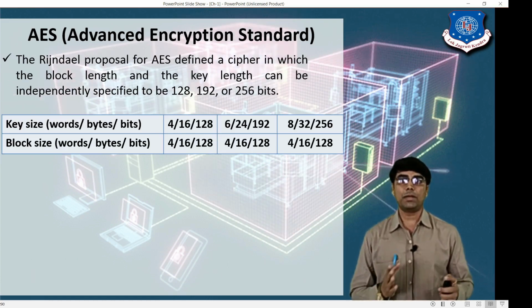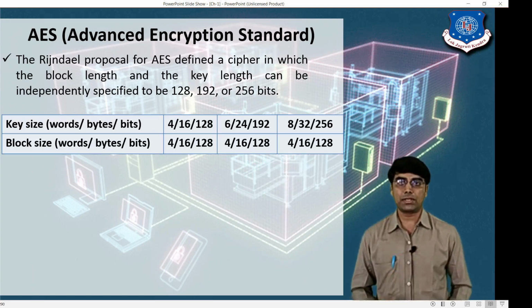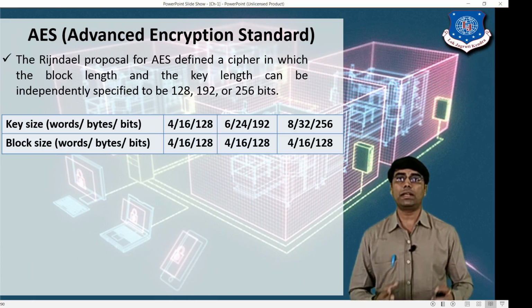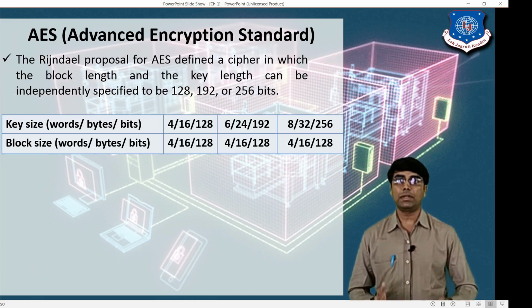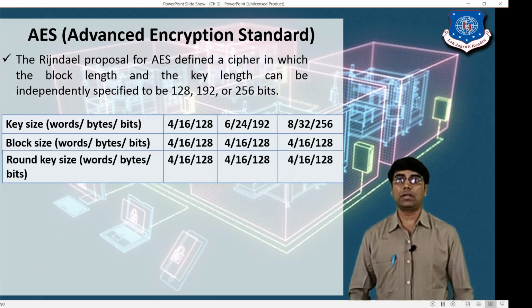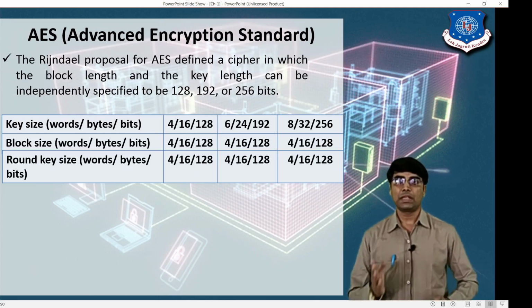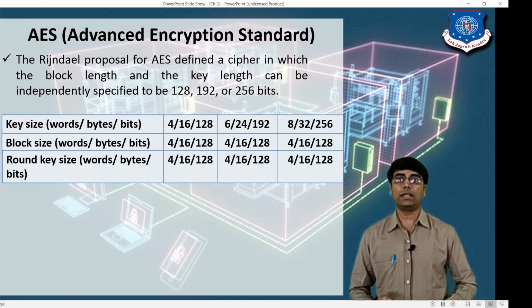Now the next is the round key size, again defined in words, bytes, and bits: 4 words, 16 bytes, and 128 bits, the same in each column.